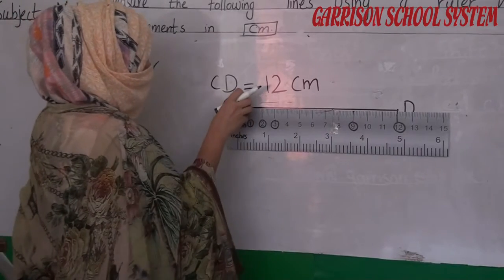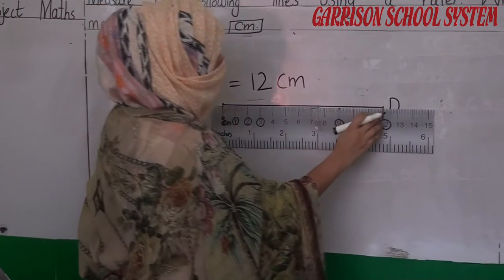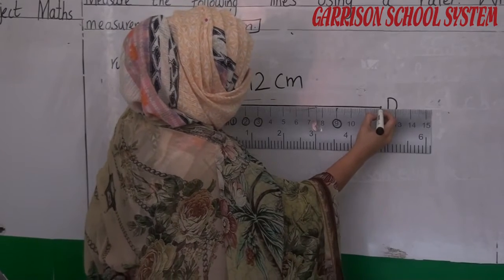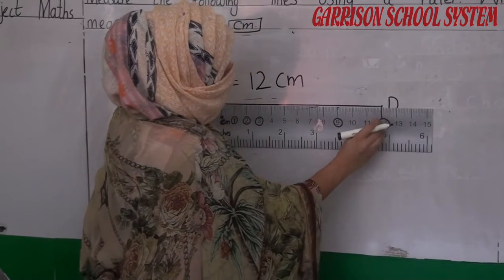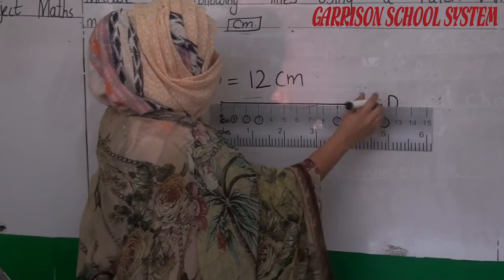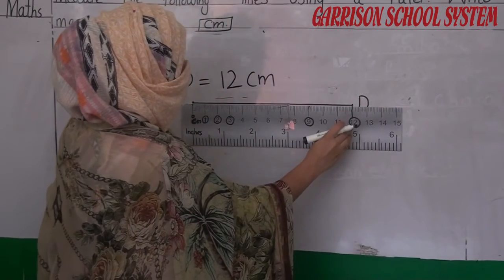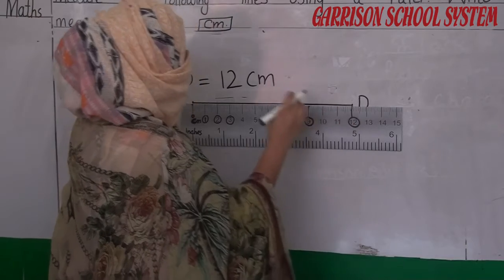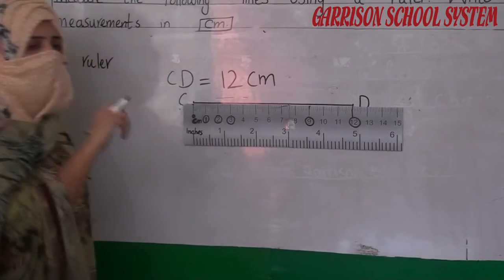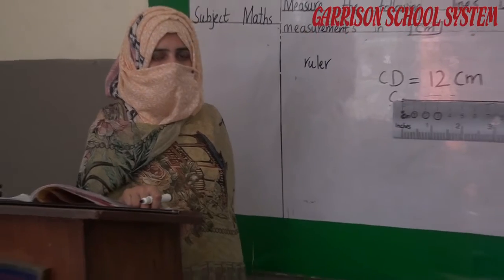Then when we move on, we have to see the ending point. So we have to look at the ruler, at which number our line ends, and that will be our measurement, and we have to write the measurement in centimeters. Understand students?